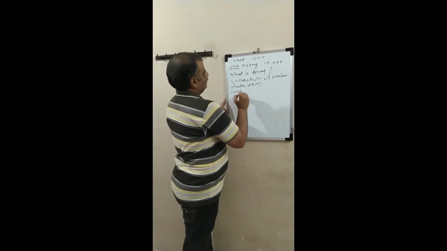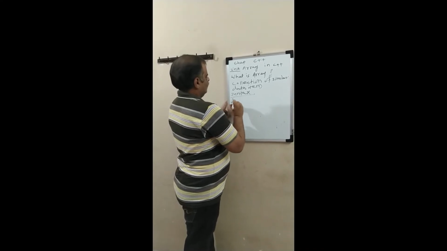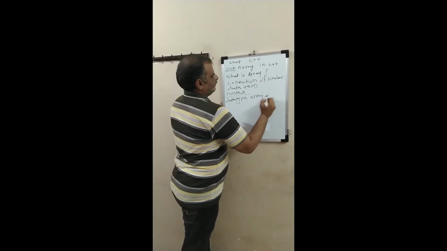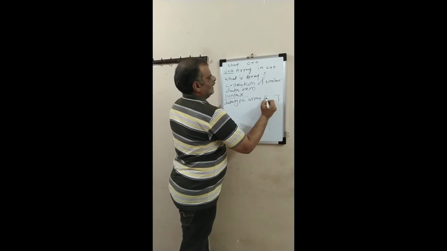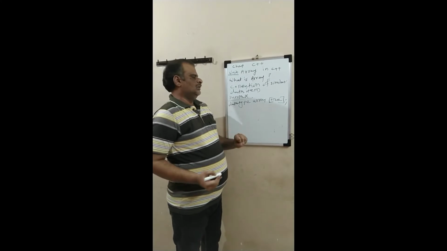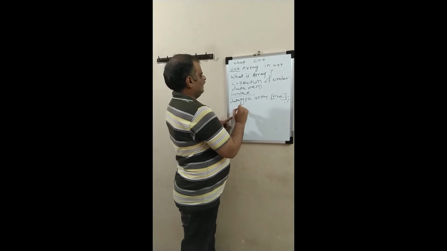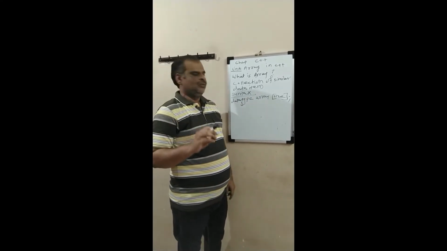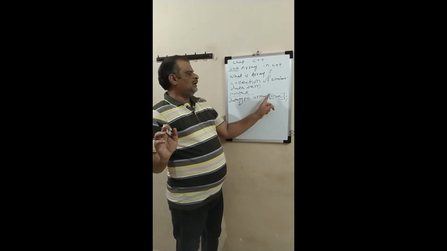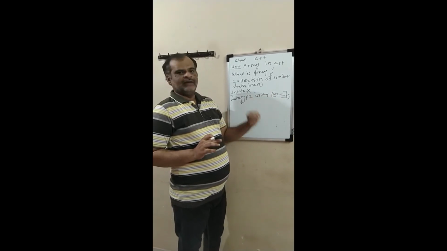Then what is the syntax of declaration of an array? Firstly, the data type, then the array variable name, then the subscript, and here we mention a size, then a semicolon. This is the syntax of array declaration. The data type can be any type: integer, character, float, double. The array name is any valid name, and the subscript must be mentioned here, which tells that the variable is an array variable.